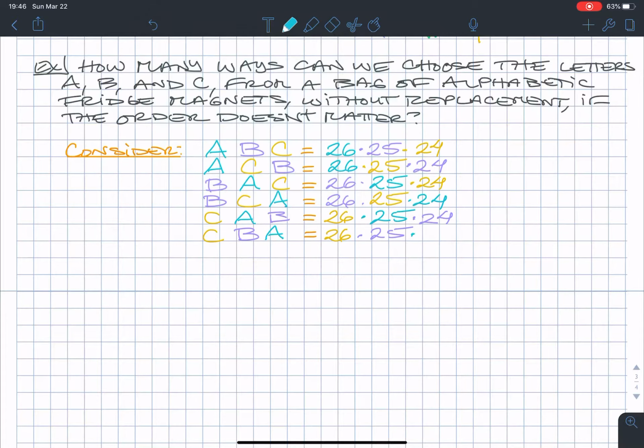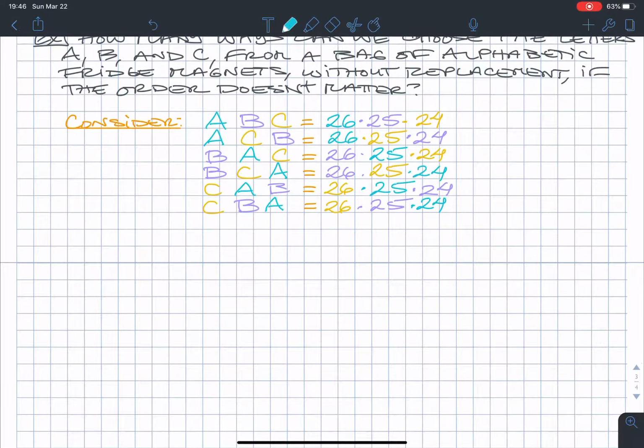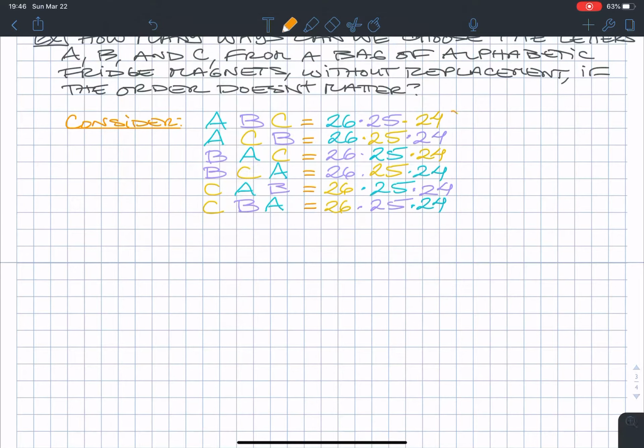So it's always the same way. So we have 26 times 25 times 24 different permutations of A, B, and C. So these are the 6 different permutations, right? 6 possible permutations.